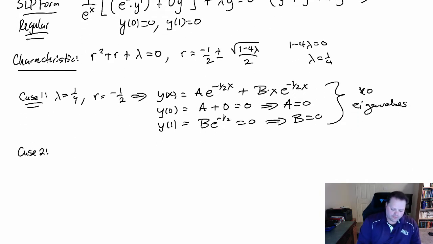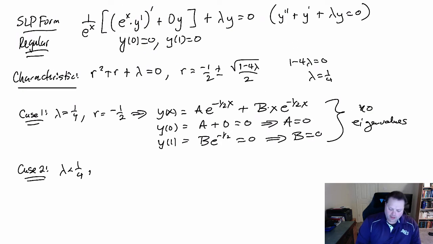Case 2 is the case where lambda is less than 1/4. If lambda is less than 1/4, like say lambda is 1/5, you can see here that you get positive under there.